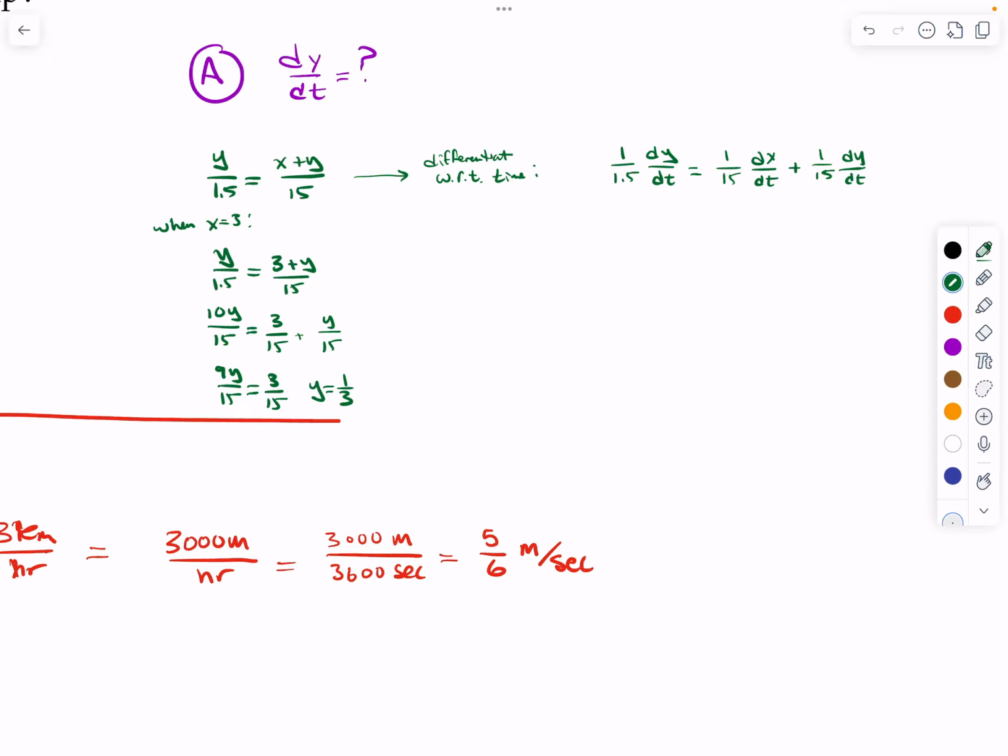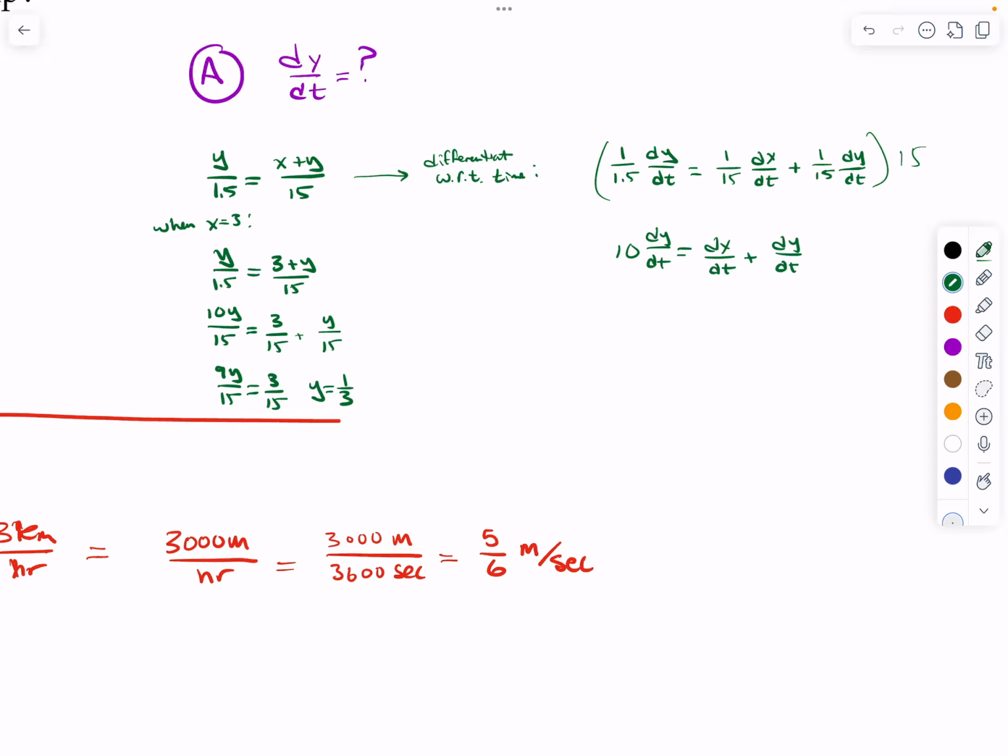And so if I move the dy over dt over, let's multiply everything by 15. Here we go. And that gives me 10 dy over dt is equal to dx over dt plus dy over dt.